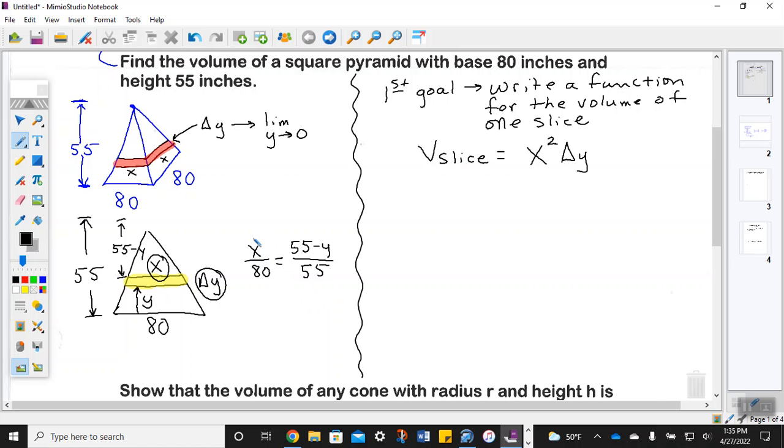Could I get x alone right here? Hey, help me out with the similarity over here. Based on cross multiplying and dividing, x would equal, all right, I'm going to put the 55 minus y in parentheses. Is that okay with you guys? We would call that 80 times what? 55 minus y, all over what? 55. Okay, are you with me on that?